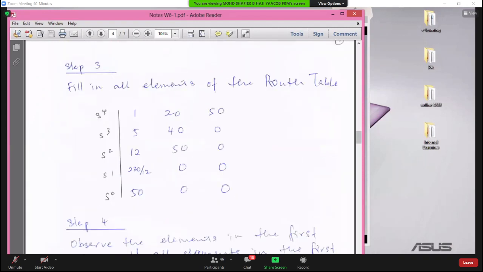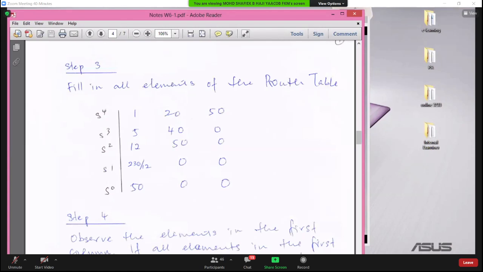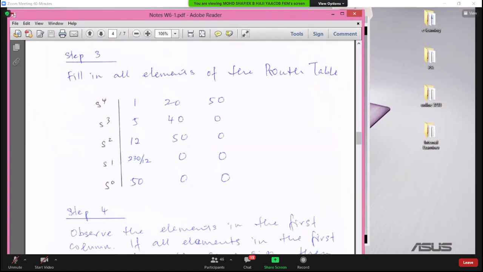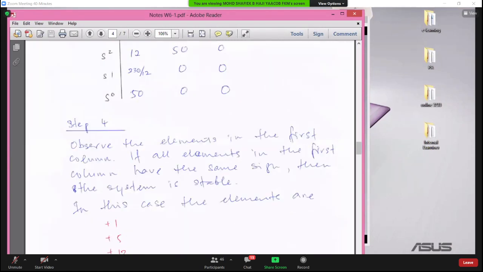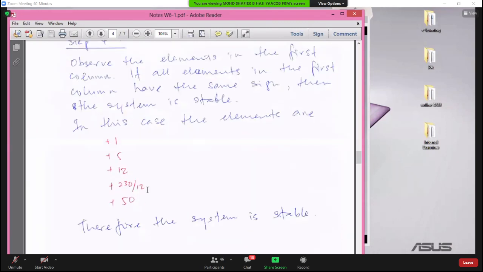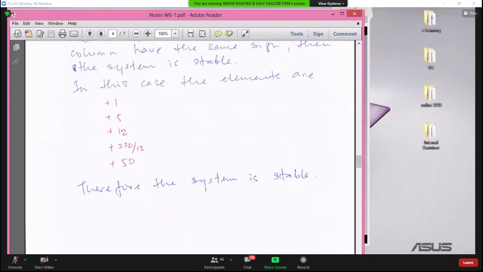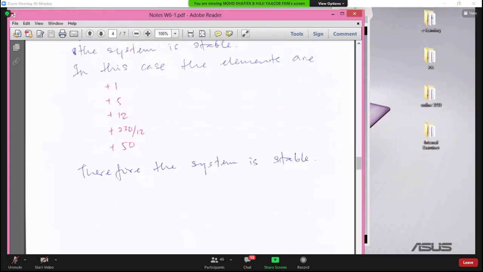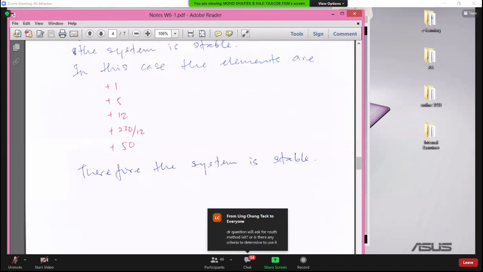And then you fill in the elements and look at the first column. Okay, so therefore the system is stable. So these are the elements in the first column. All right, so the first time, of course, we need to go into detail. After this, you just fill in the Routh table very quickly.